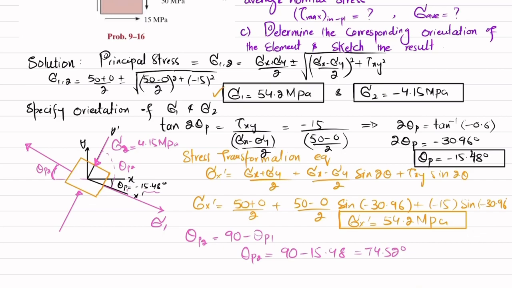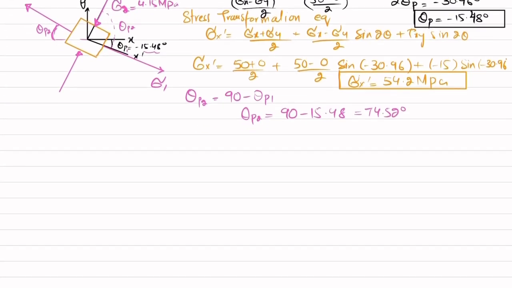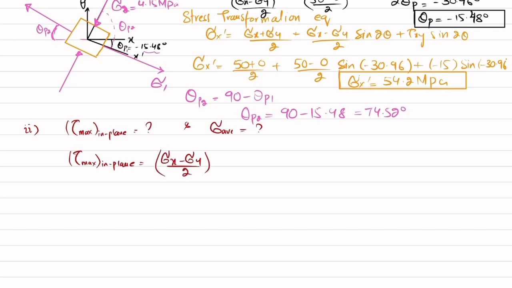Now we will move toward the second part, which is maximum in-plane shear stress. In the second part, we have to find the maximum in-plane shear stress and average shear stress. So we know that maximum in-plane shear stress is equal to the square root of ((sigma x minus sigma y) divided by 2) whole square plus tau of xy whole square.